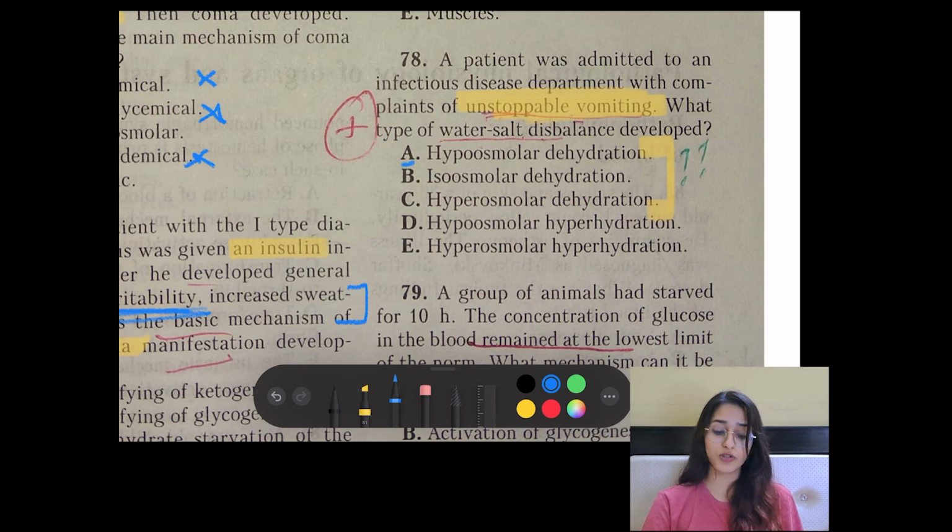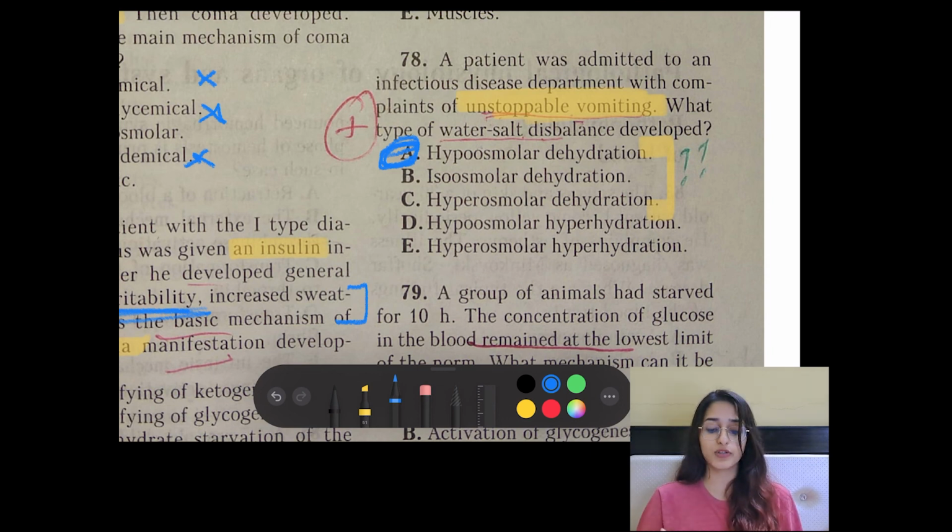So, hypoosmolar dehydration. Although you might think that since fluid is lost from the body it may be hyperosmolar, all the nutrients and minerals that were about to be absorbed from the gastrointestinal tract cannot be absorbed into the body, so the osmolarity cannot be maintained.